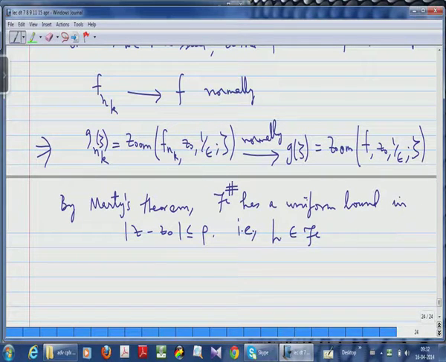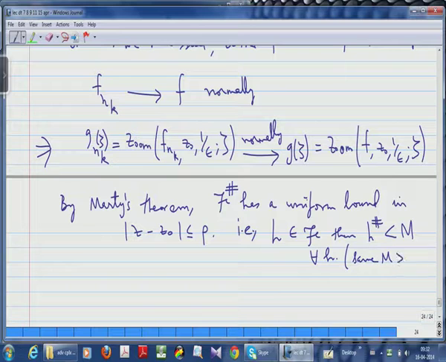If you take h in script f, then h hash, the spherical derivative of h, is less than M for all h, and the same M. So you have a uniform bound, and this bound applies to the spherical derivatives of all members of the family script f.